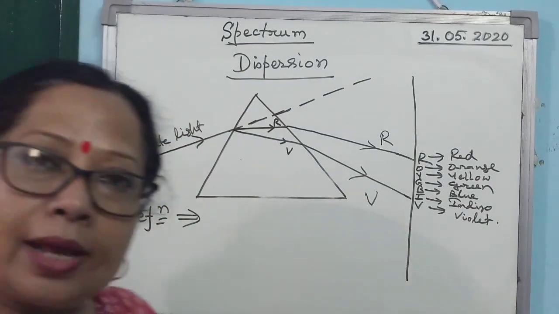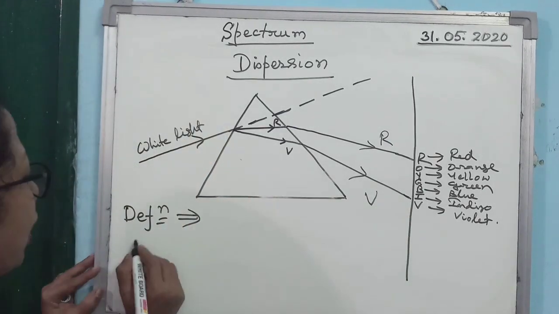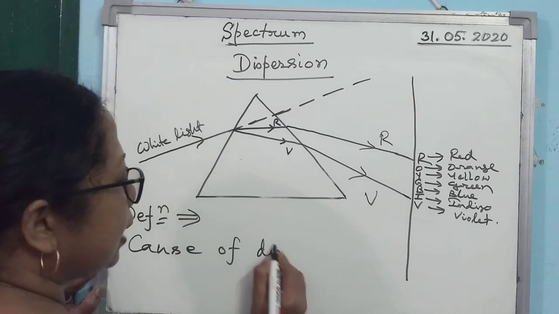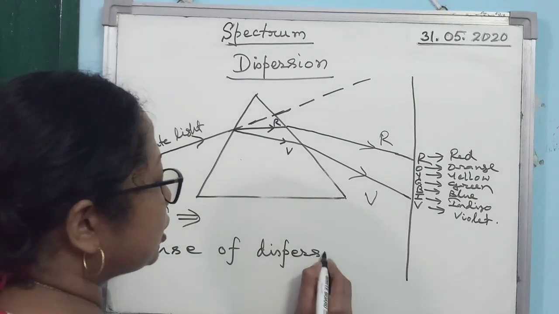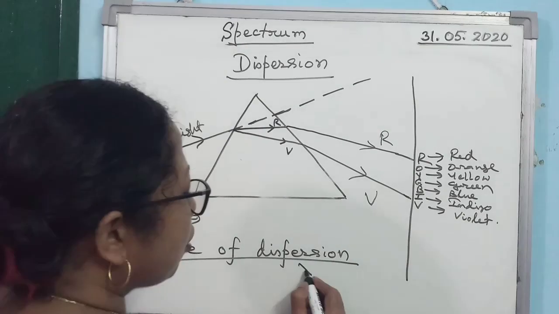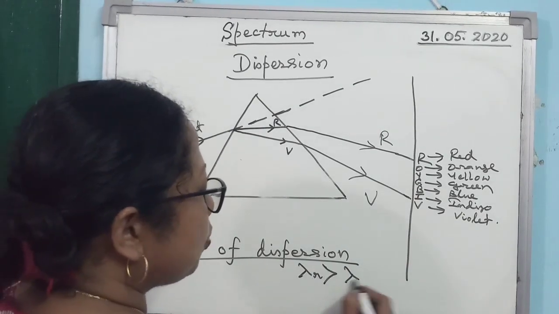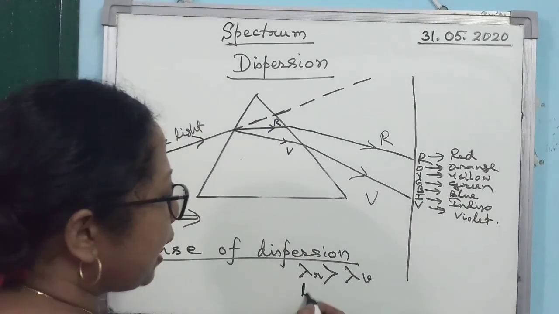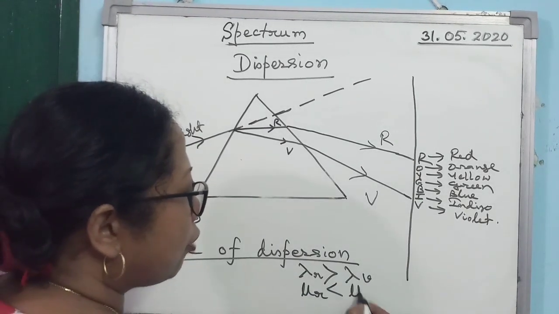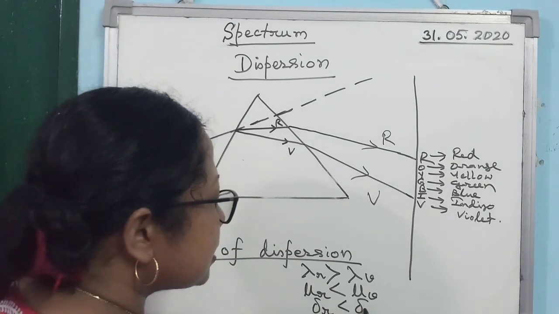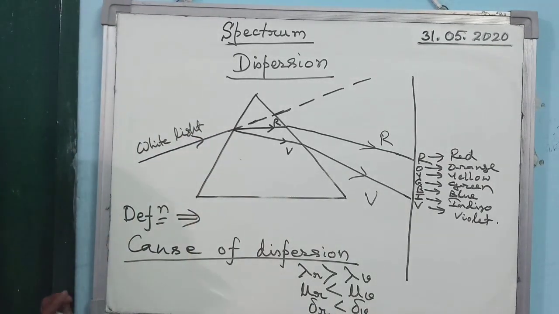Clear to everyone? Next is, what is the cause of dispersion? Another frequently asked question. The simple cause is, you will write this way, that the wavelength of red is maximum, therefore the refractive index of red is minimum, therefore the deviation suffered by red is minimum.